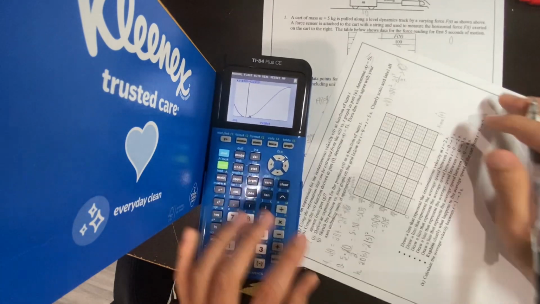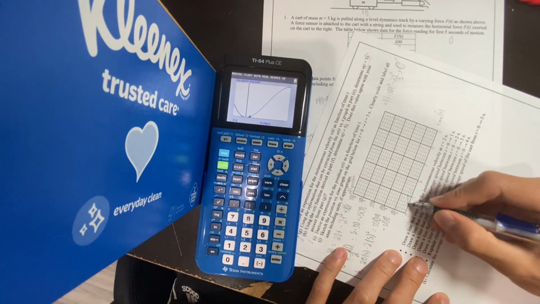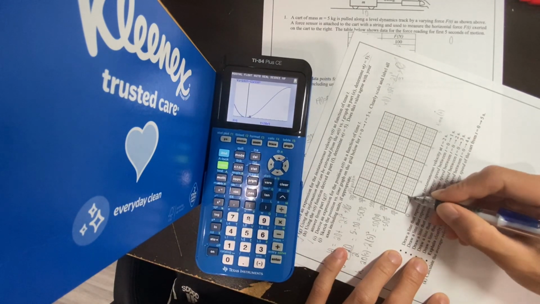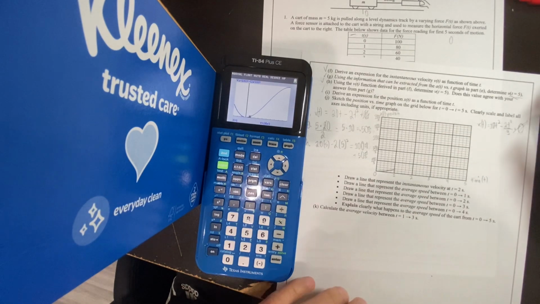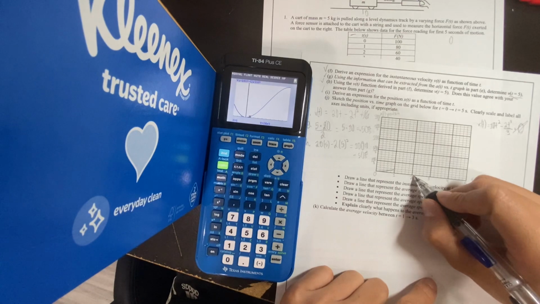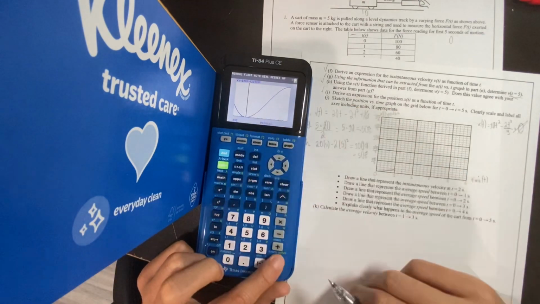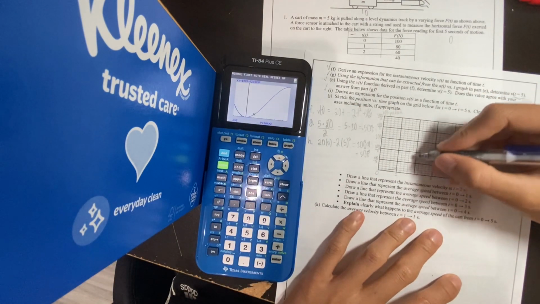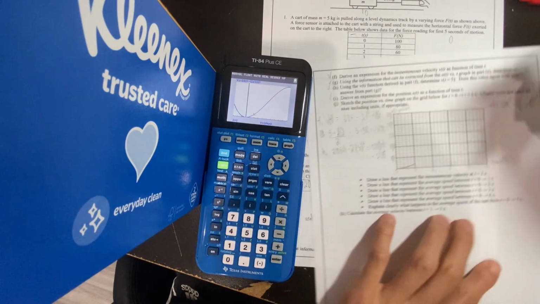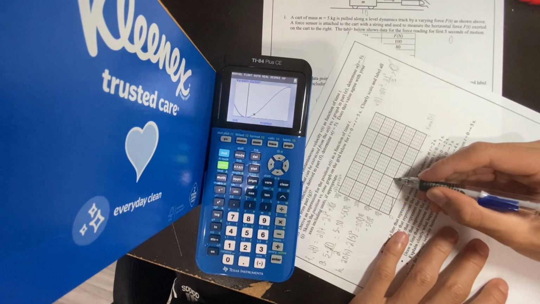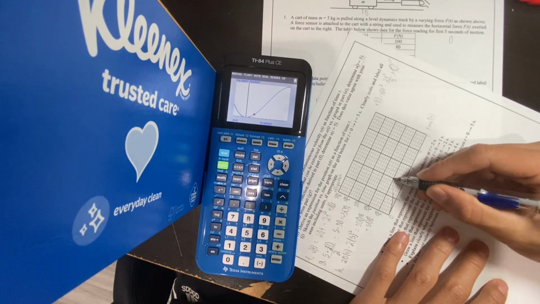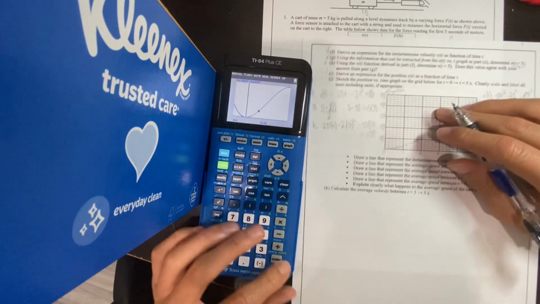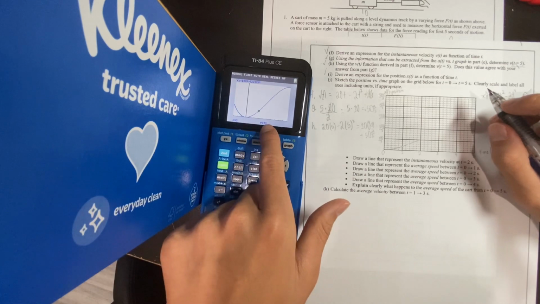And it's gonna be curved. And we're gonna do at point 2. It's gonna be a little over 100, so somewhere right here. At point 3, it's gonna be 72.